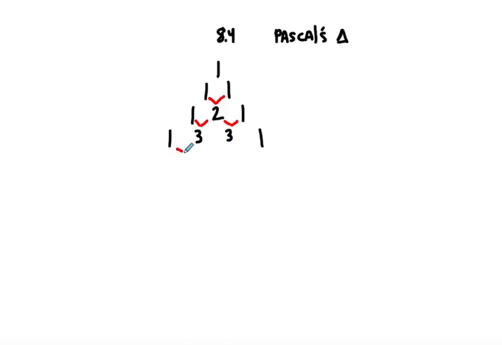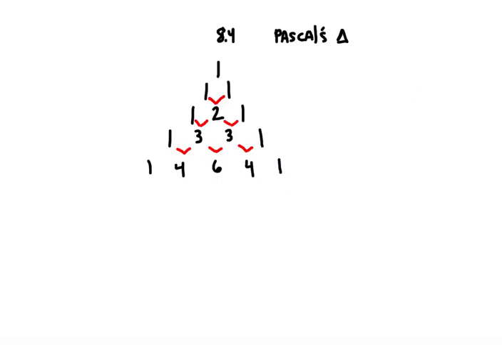So if we keep following that pattern, what will the next row be? So it's always going to be a 1 out on the edge. Then we're going to do 1 plus 3 and get 4. Then 3 plus 3 and get 6. 3 plus 1 and get 4. And then another 1 on the edge there.